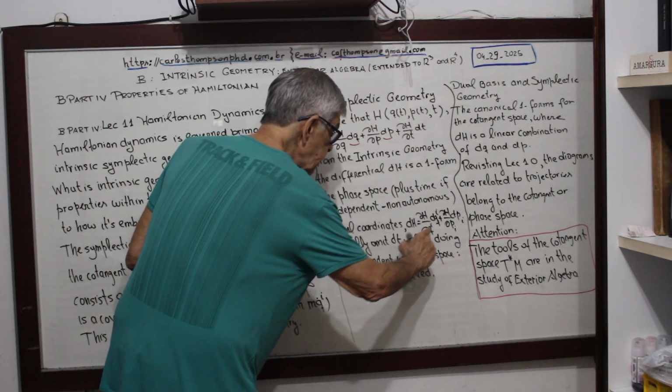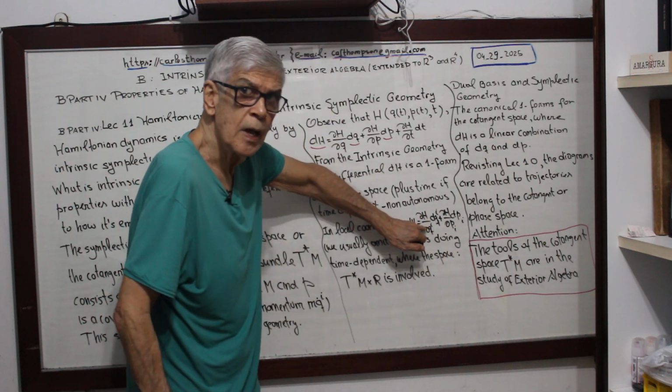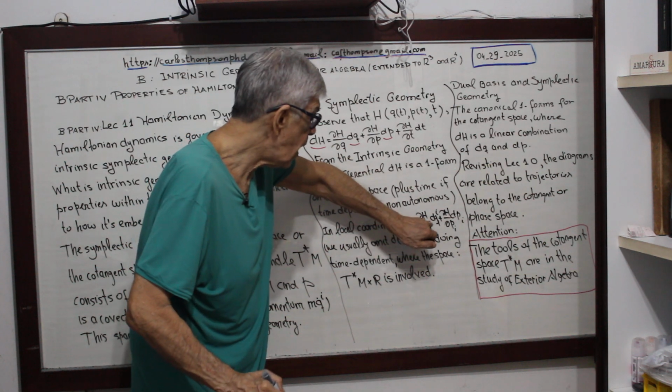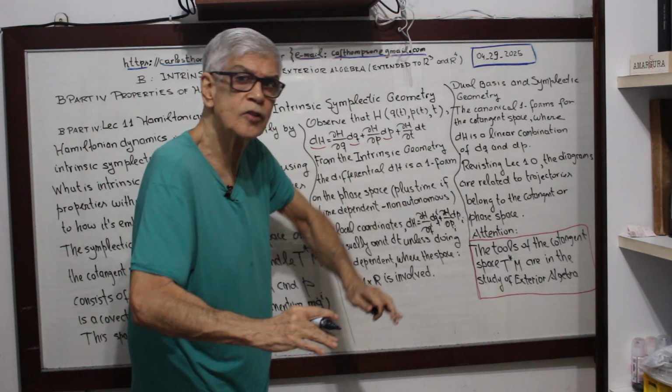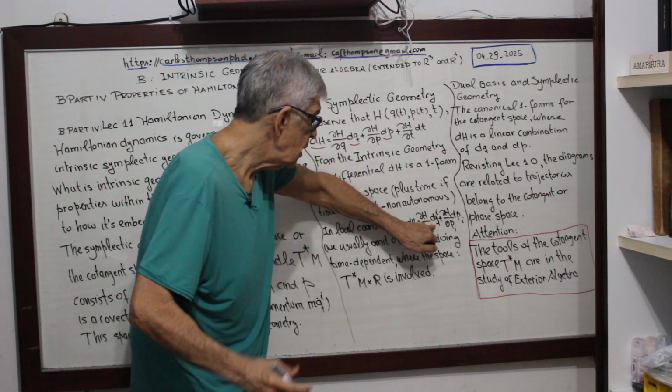Attention now. q i is in the denominator, which means that i is a downstairs index, combined with the upstairs one over here.